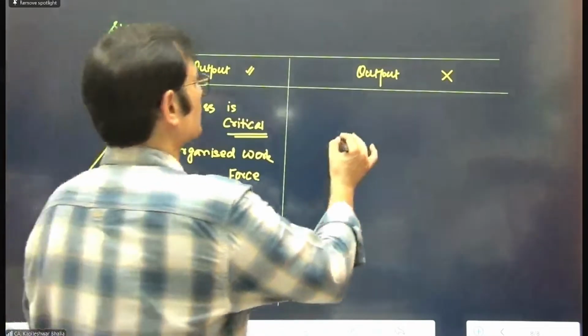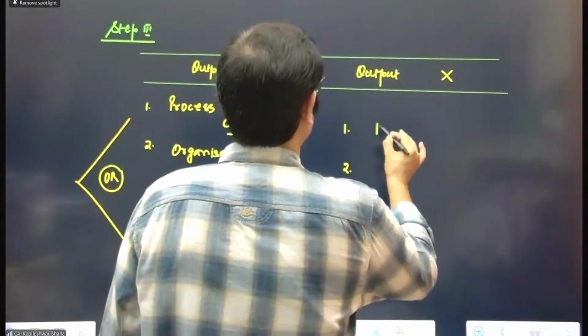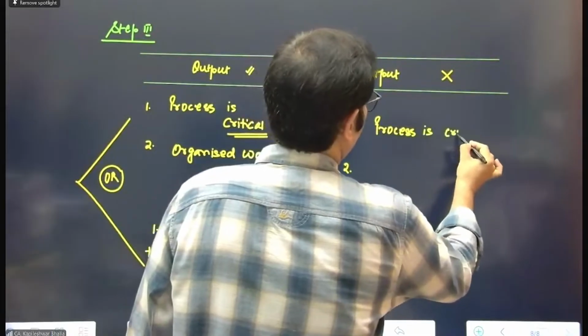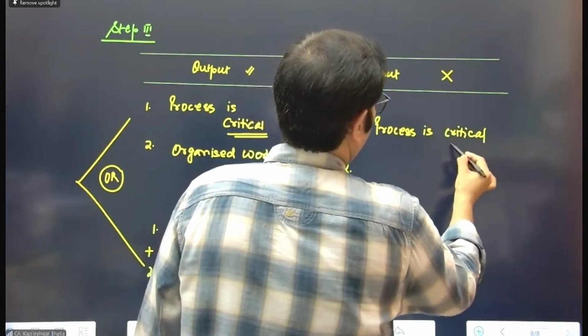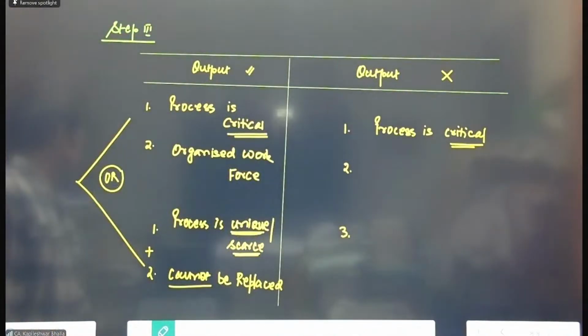And if the output is not present, you need to meet a total of three conditions. Prove that the process is critical in nature, which is the same condition that is there here as well.